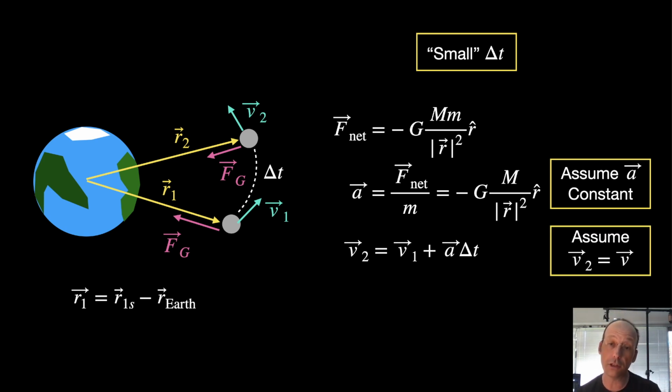Now, I can also assume, even though the velocity is changing, that the velocity is constant. You're like, well, come on, man. You can't assume acceleration is constant and velocity is constant. It just doesn't make sense. I get it. It doesn't make sense. But it works. If you assume the velocity is constant, then the average velocity during that time interval is the final velocity.